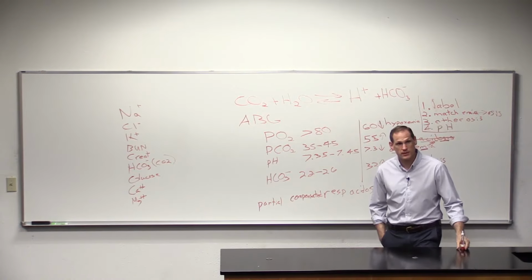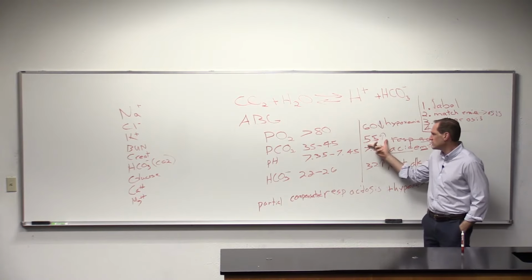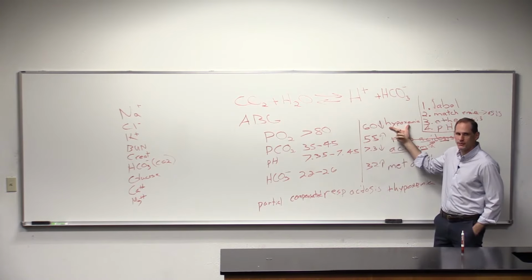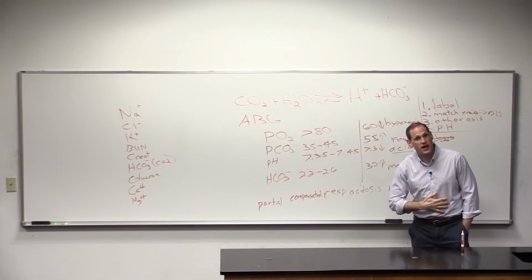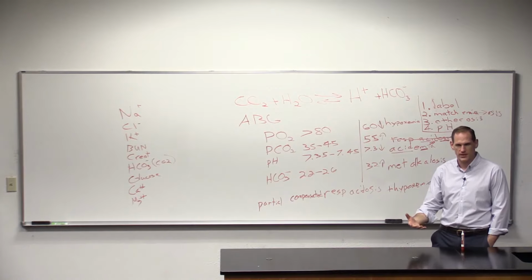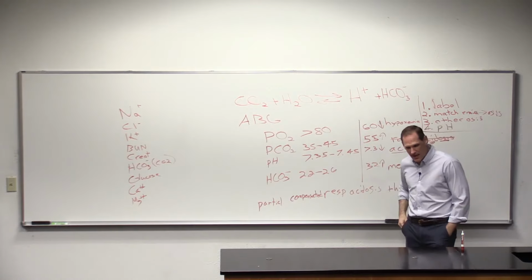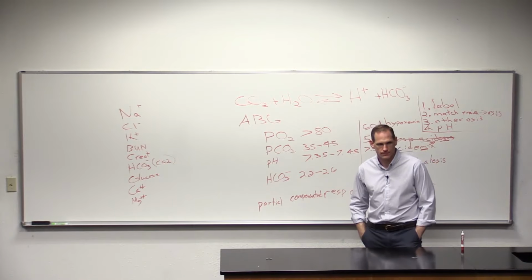We are not breathing enough. That's causing the retention of carbon dioxide and not enough oxygen. Our kidneys are trying to compensate by producing more bicarbonate. But are they able to do enough? No. So it's only partial.